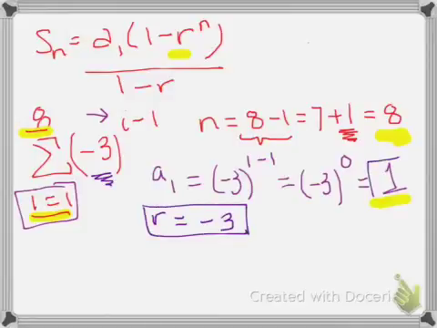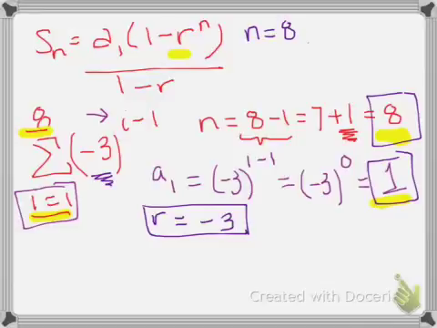So we have our A1, our n, and our r. Since we need some room to work this out, we're going to go ahead and write our n up here. N equals 8, A1 equals 1, and r equals -3.